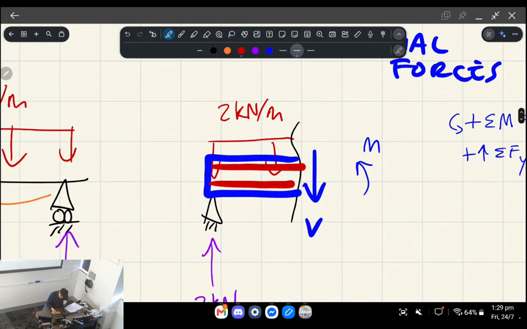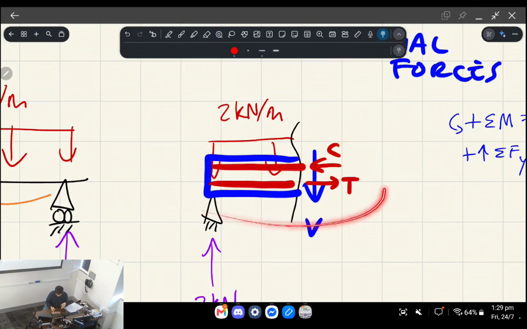In other words, compression and tension, right? So now we can delete the internal moment, and we're now representing it in terms of the compression, like the top chord is taking compression axially, and the bottom chord is taking tension axially. Does that make sense? So that's kind of what we've actually been doing.